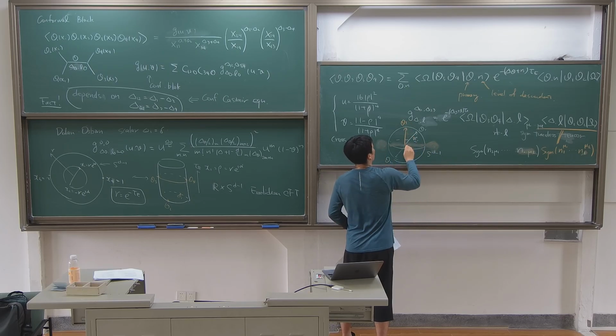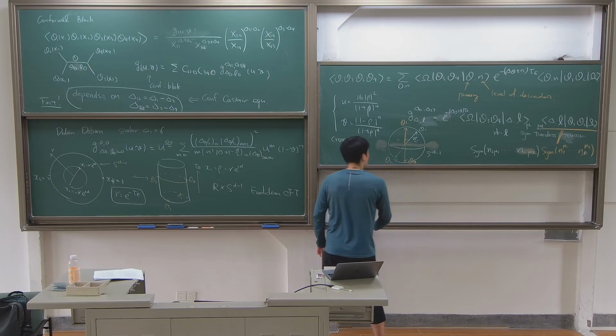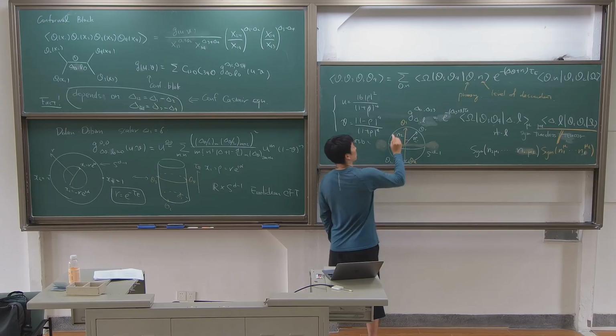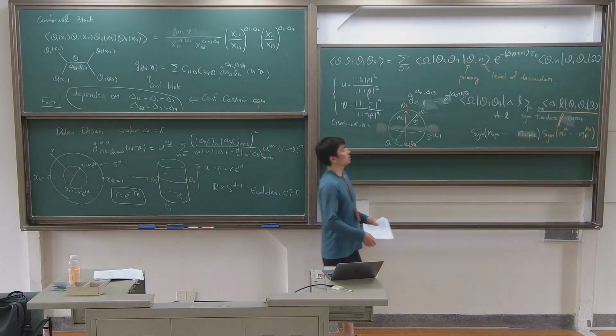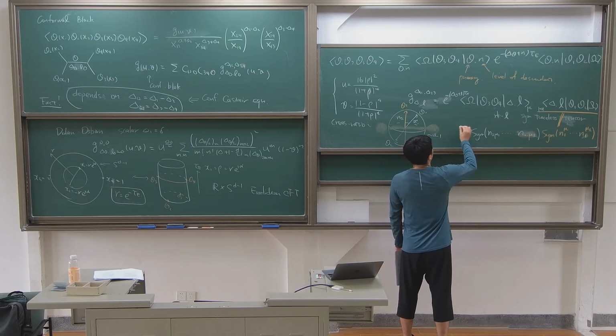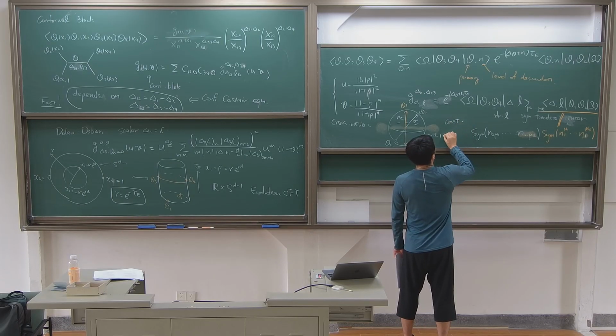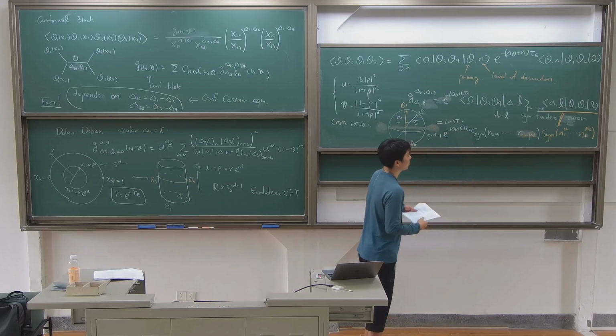This is O3 and O4. And then some constant times e to the minus (delta plus L) tau E. So this is the expression.